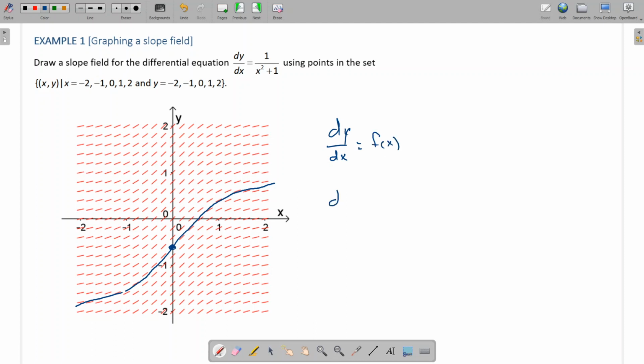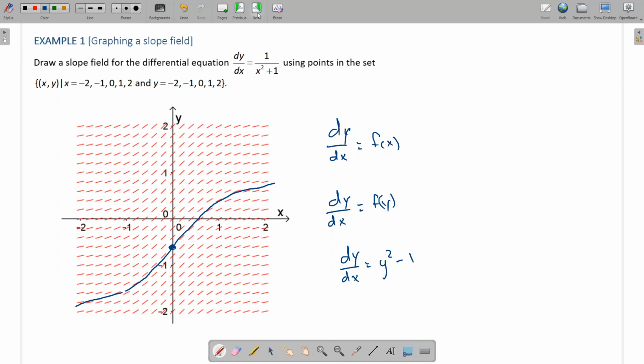So what if it's the opposite of that? dy/dx equals f of y. As an example, it could be something like dy/dx equals y squared minus 1. So just y's on that side.